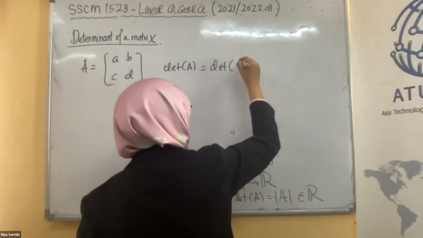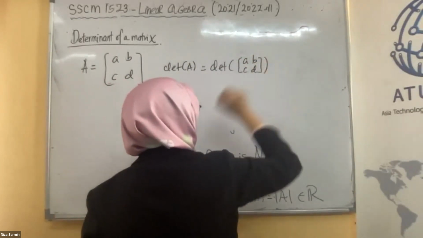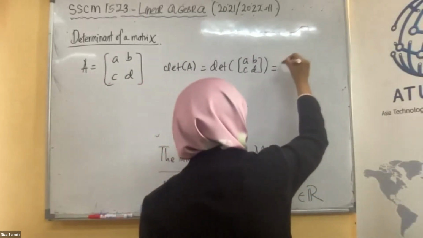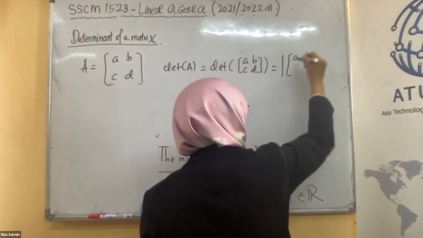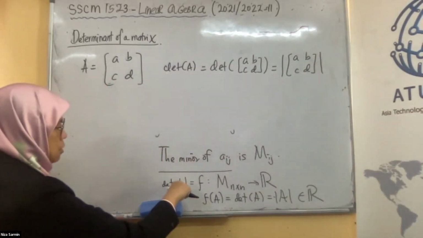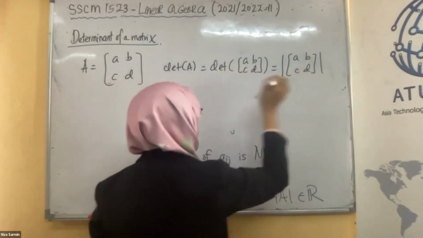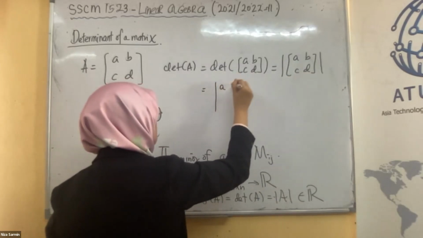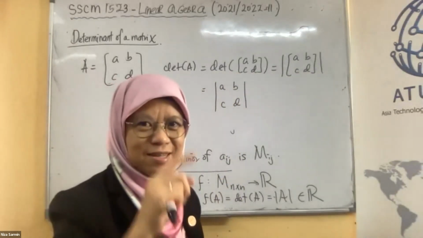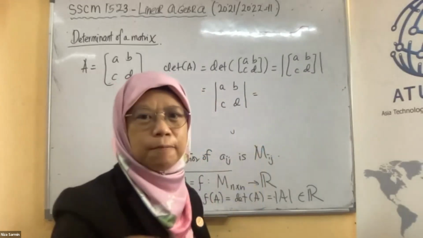Determinant of A, B, C, D. I just read out all kind of symbols that you can use: you can write determinant of a matrix, or you can just write this. And some books, they just write like this, without the bracket, the matrix, they just put like this. That means this is a matrix. And this is equal.